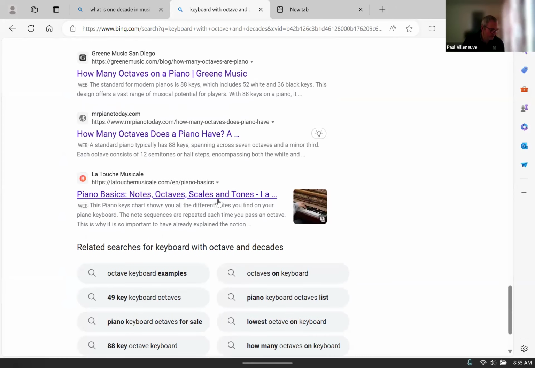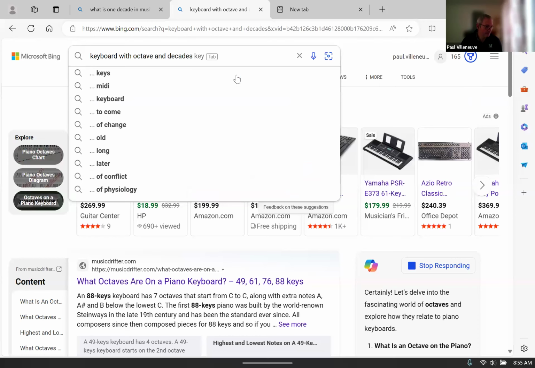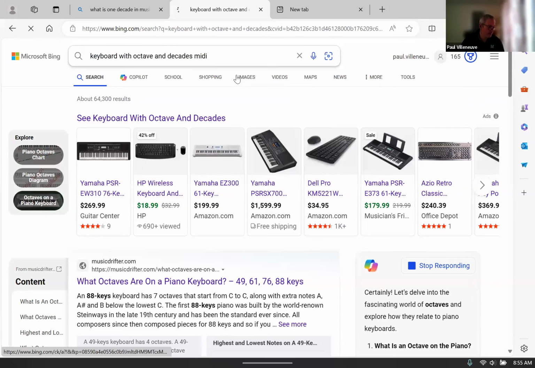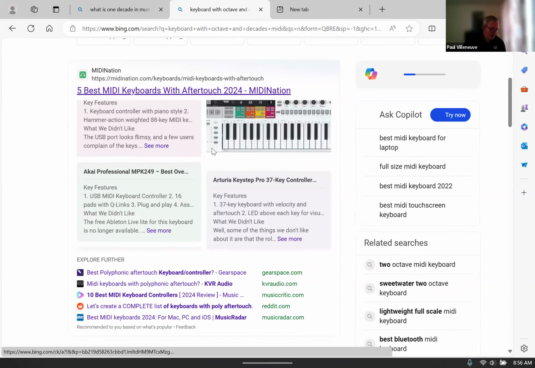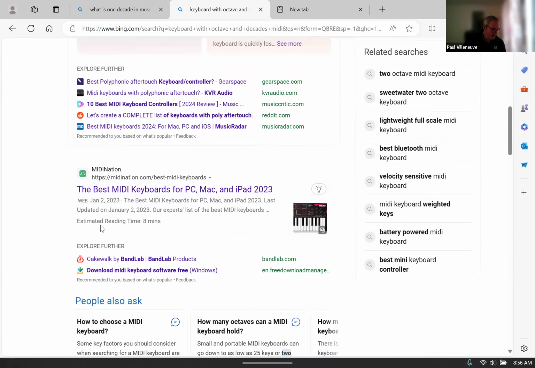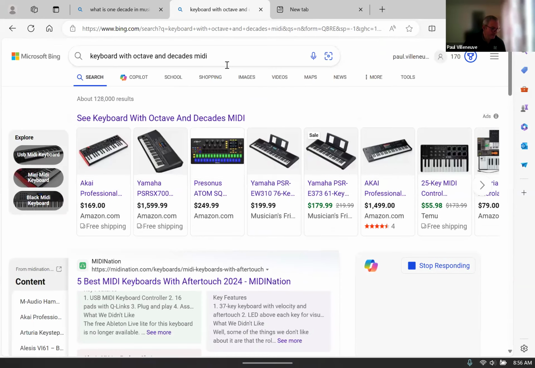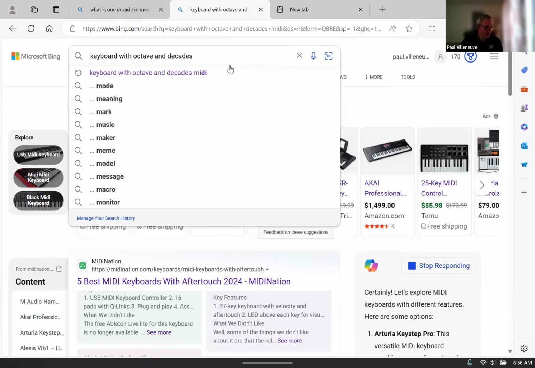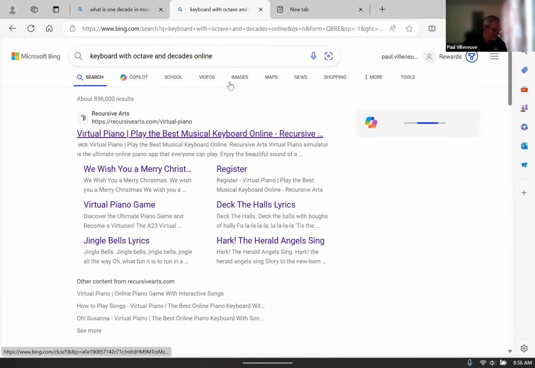I was just looking for, let's try MIDI and see if we can actually play it. Last one, and then I'll give up. Just sometimes like playing music.